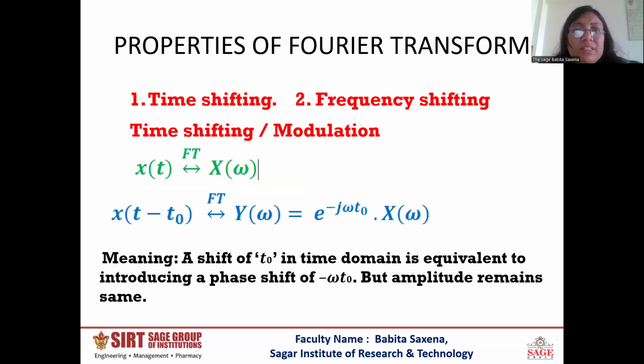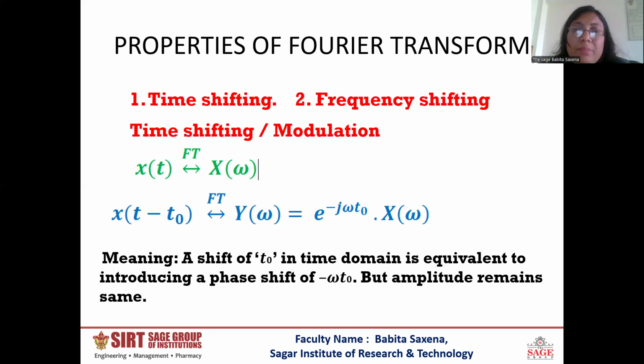So the first property is the time shifting property. Time shifting means if in the time domain the signal is x(t) and its Fourier transform is X(omega), then if t is shifted to t0, you know the shifting of time. Its Fourier transform is multiplied by e raised to the power minus j omega t0.